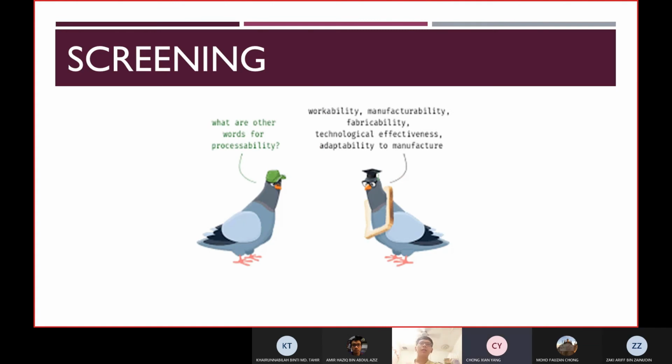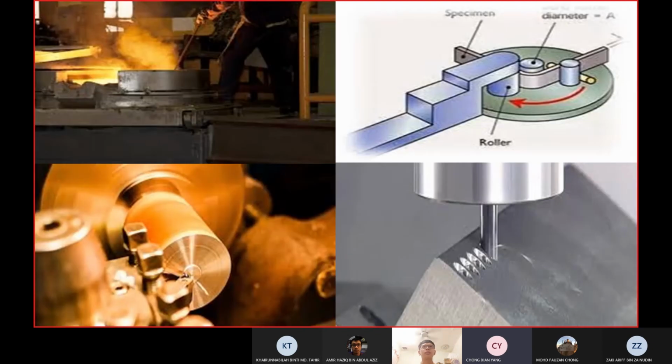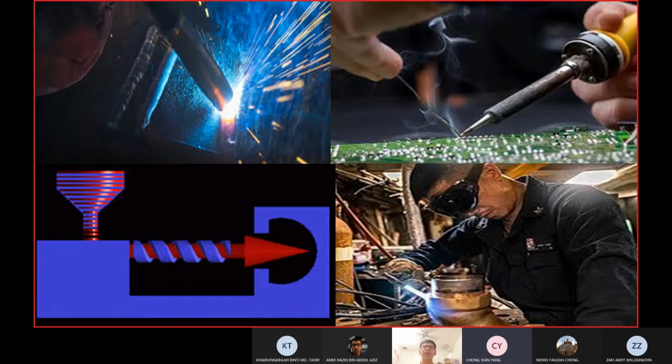For the screening, we are going to figure out which processability is suitable for our material. There are castability, formability, machinability, weldability, moldability, and brushability.